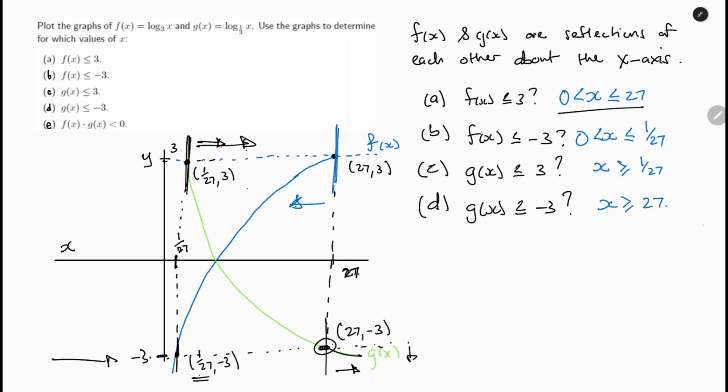Okay, the last question E, we want where f of x multiplied by g of x is less than 0. Okay, so when you've got an inequality like this, two values multiplied by each other must give less than 0. So we need one to be negative and one to be positive.